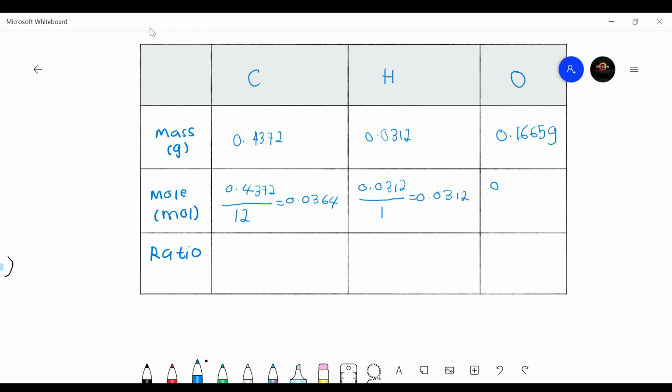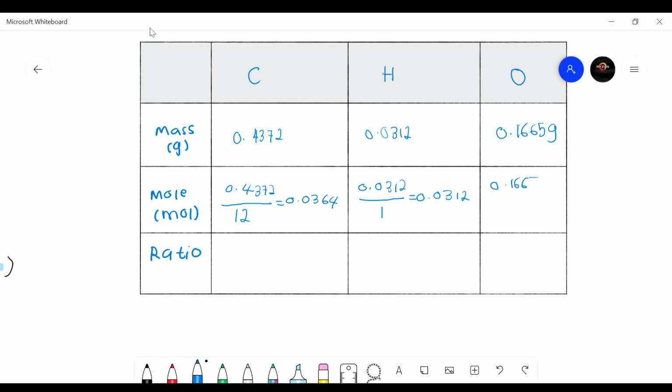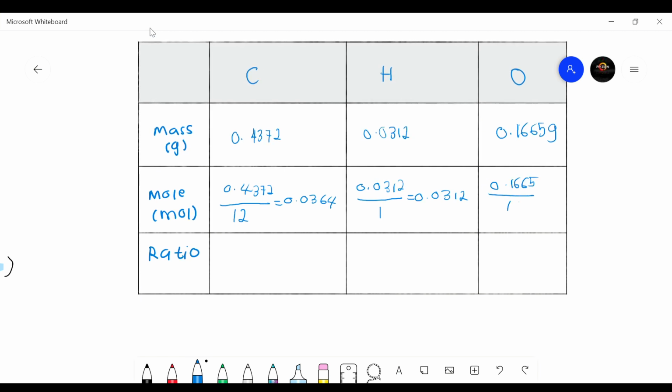Now for oxygen, still the same thing, 16 because of the molar mass of oxygen, and we will get 0.0104. Hope this is visible. It's quite confusing.